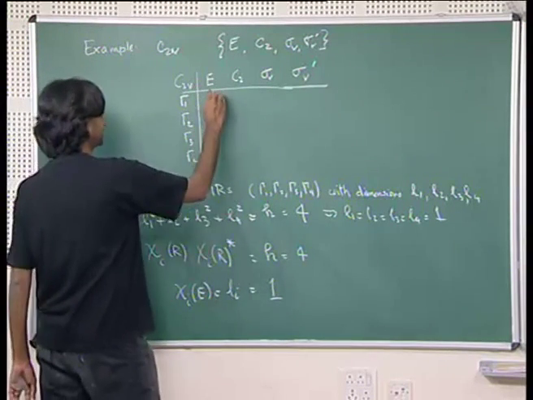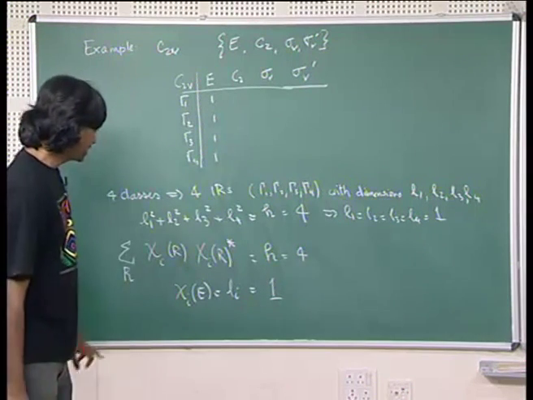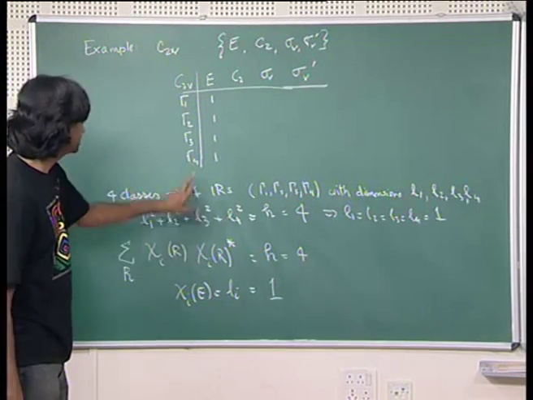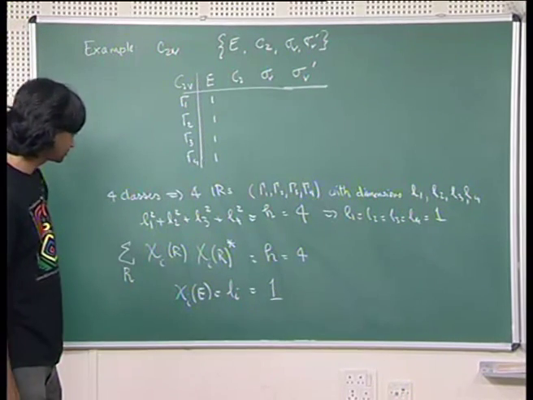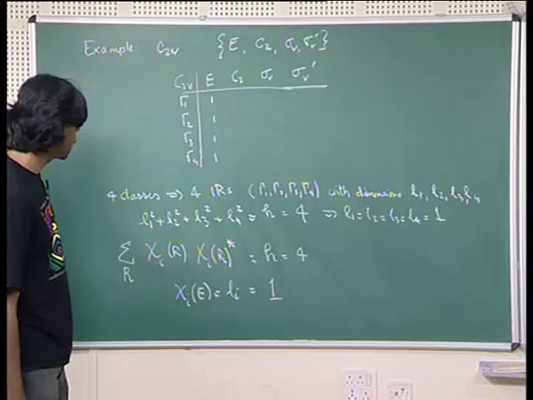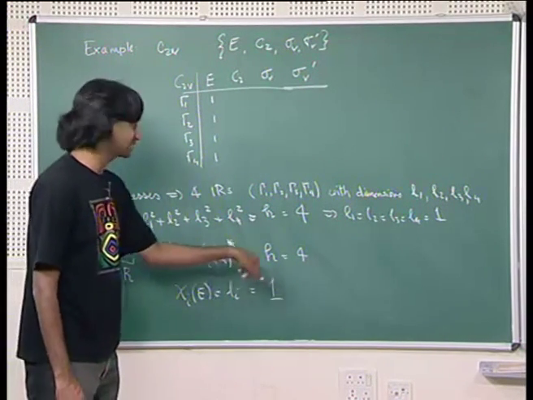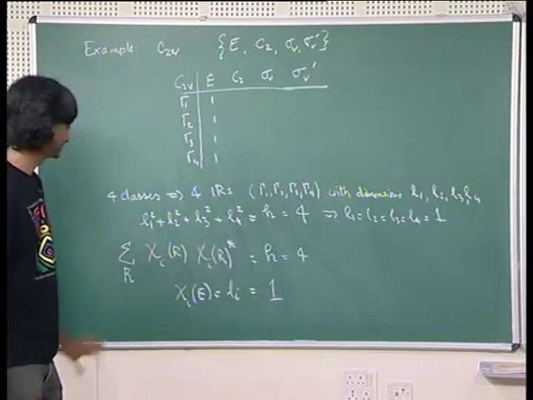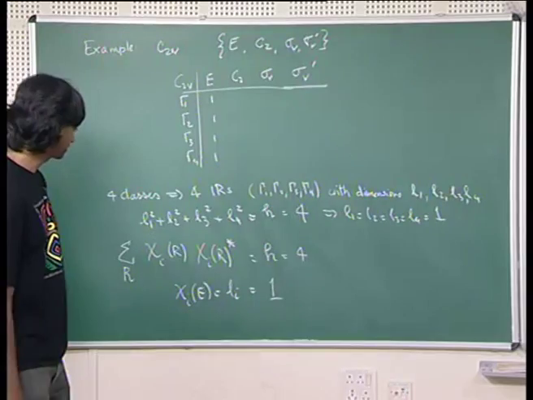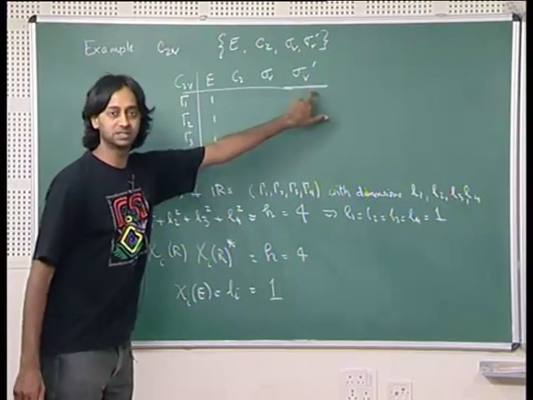So, you can immediately say that this should be 1 here. And for each of the others, the squares of the remaining characters should add up to 3. So, squares of character of this and this should add up to 3.